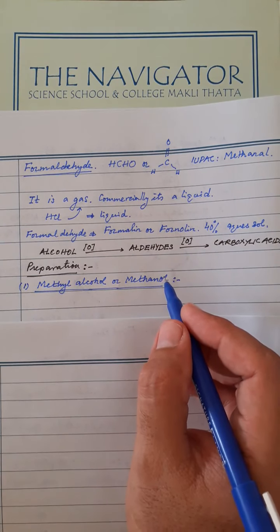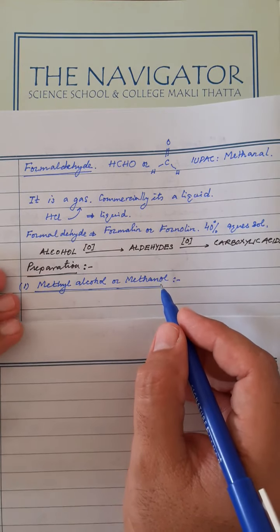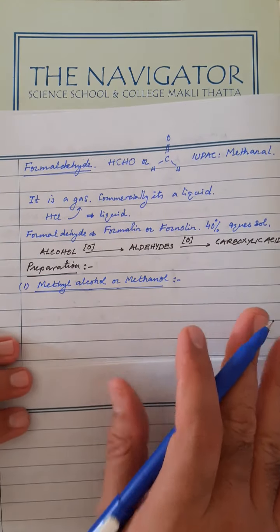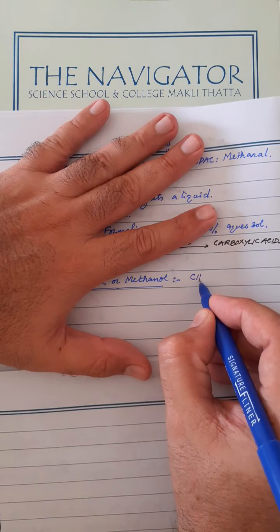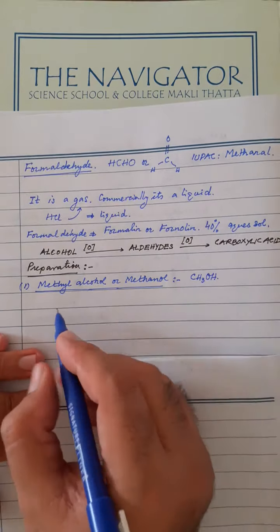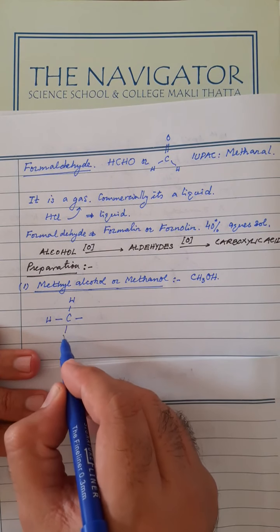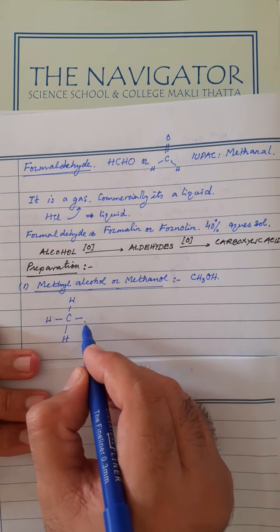And there are many ways of doing it. But on the industrial scale, the chemists want a quick production. So to obtain formaldehyde on the industrial scale, we use the vapors of methyl alcohol, CH3OH. We can write CH3OH as C with H H H, and we can see OH.